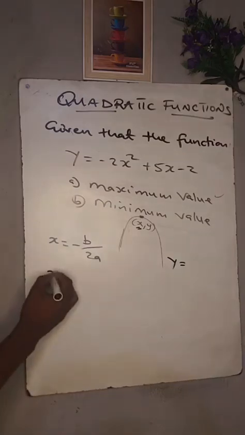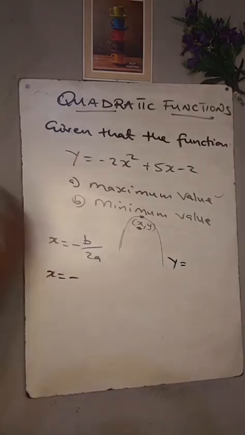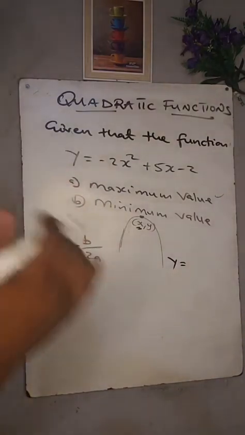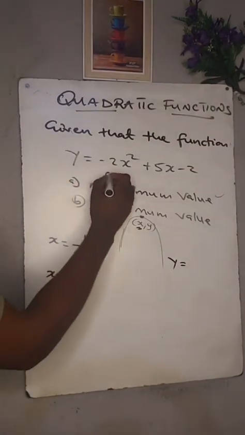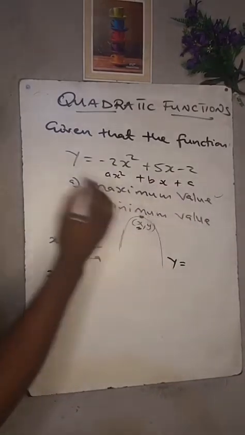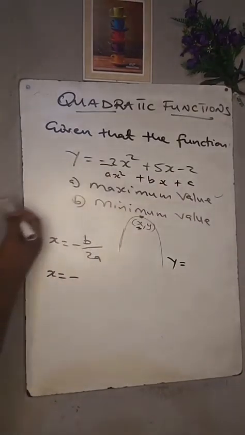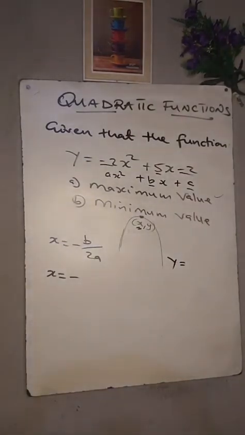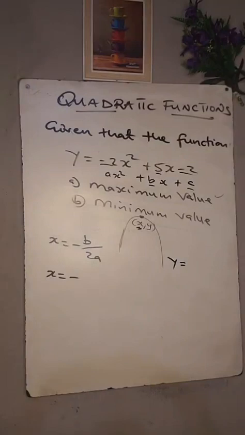So we're going to have x is equal to negative. When we look at this, a standard quadratic equation is in the form ax squared plus bx plus c. So our a is negative 2, our b is 5, and our c is negative 2. All right.